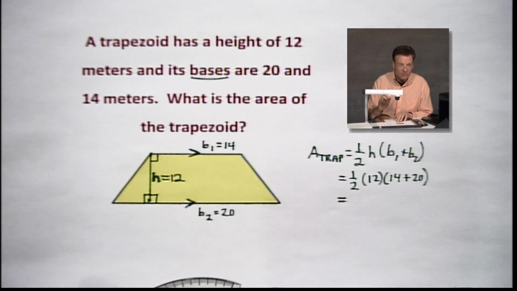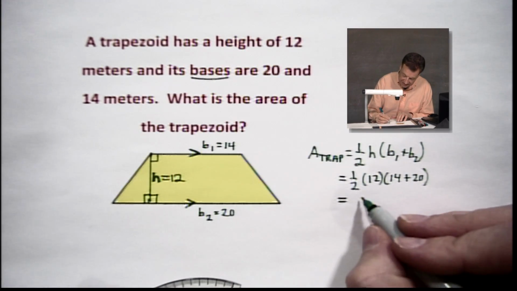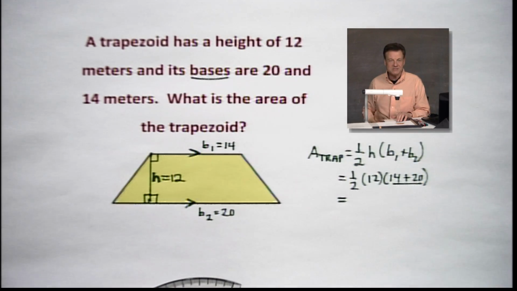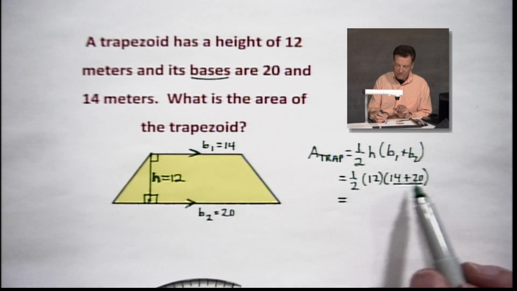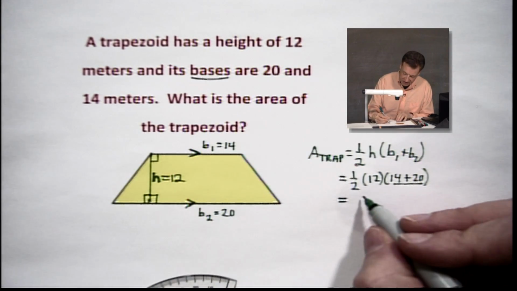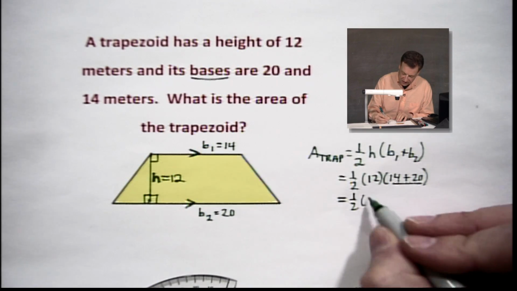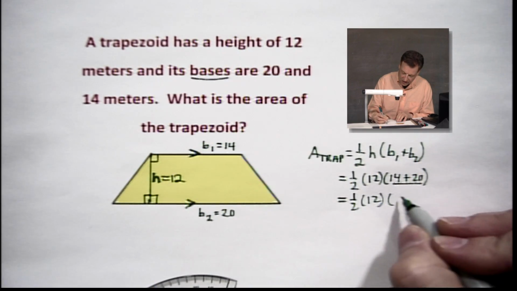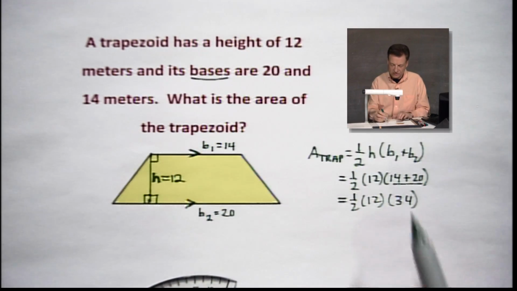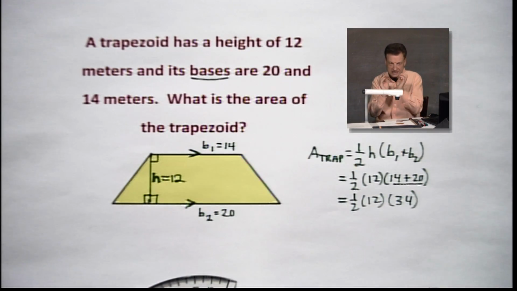1/2 of 12, oh, that was easy. We can do that as 6. What do we want to do with this 14 plus 20? We want to add them together. Let's do order of operations, because what have we always been told? Do the parentheses first. So go ahead and add 14 and 20, and you're going to get 34 out here. Now everything's multiplication at this point because you've taken care of the addition inside the parentheses.